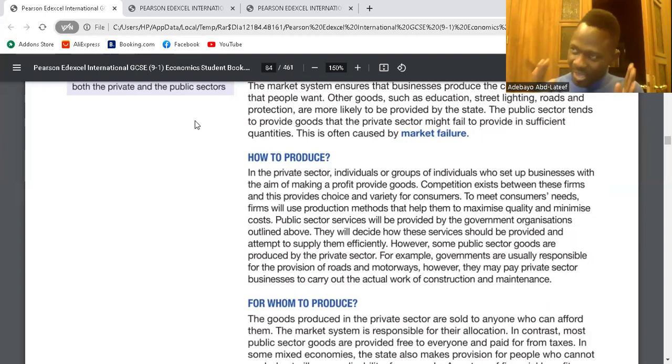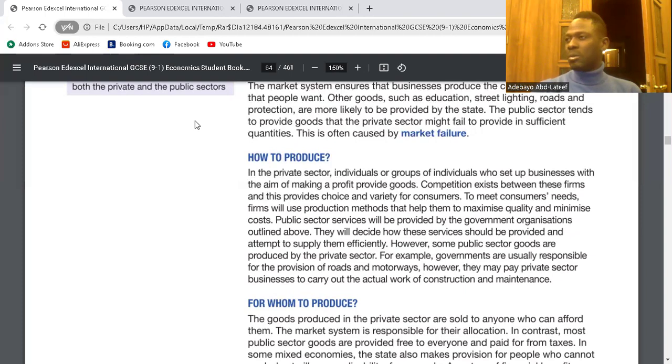We use them for the right thing. So for this to happen, we have to take decisions about what to do at every point in time. So now we have decided in this country to produce pen. That is what to produce. So if the private sector cannot produce the pen, the government will also contribute to producing it to reduce market failure or to correct market failure.